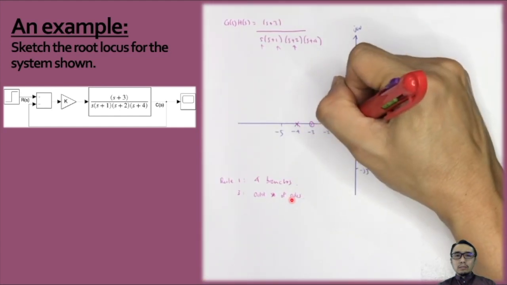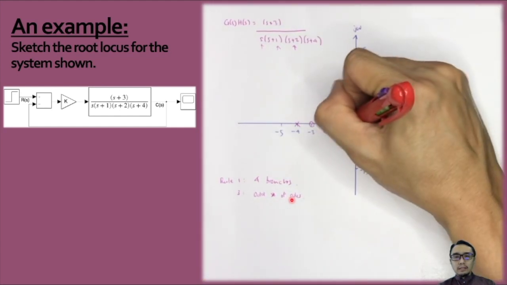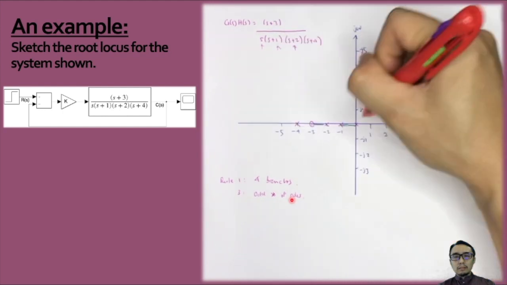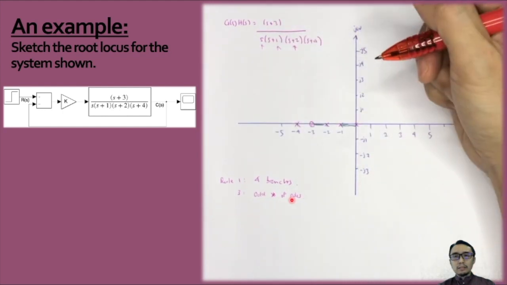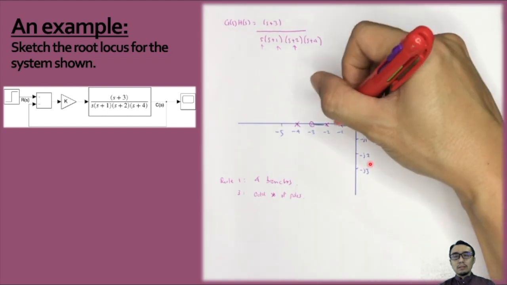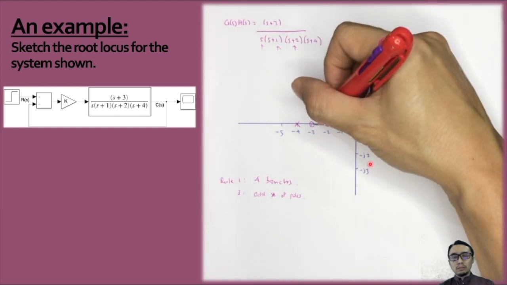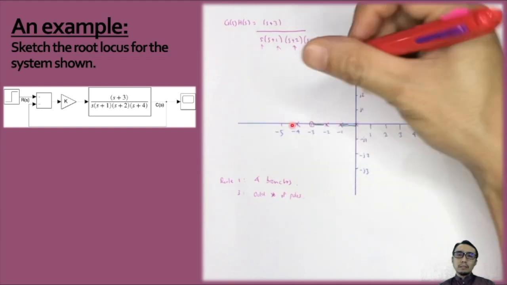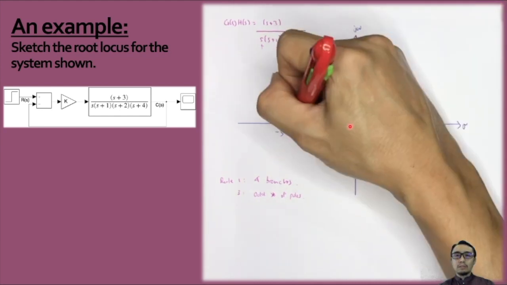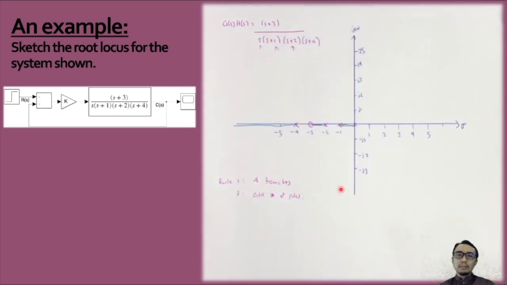And then rule number 3 says that the existence of the locus in the real axis depends on the odd number of poles and zeros. So here I've labeled, in this case you have 1, so there should be a locus here.